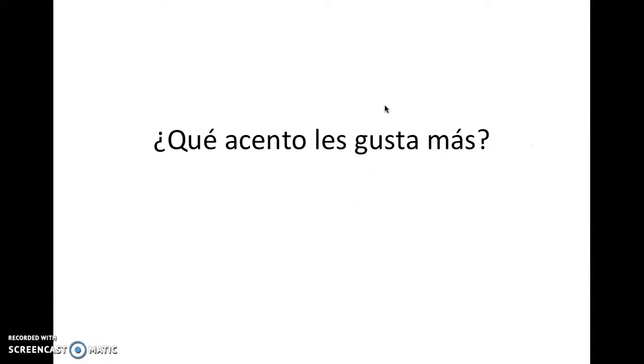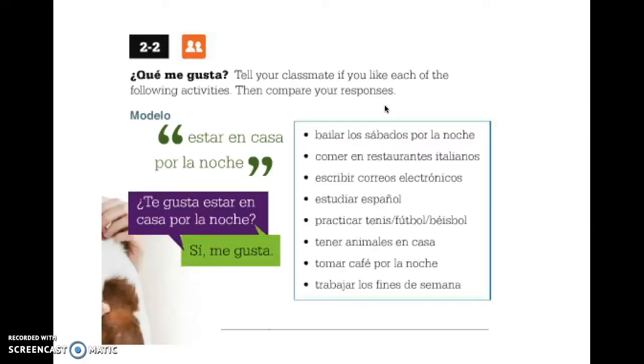And then with that, I connected, like, what accent do you like the most? And with that, I can go to an activity when we talk about what I like the most. So that was one case that I was trying to improve and learn about.